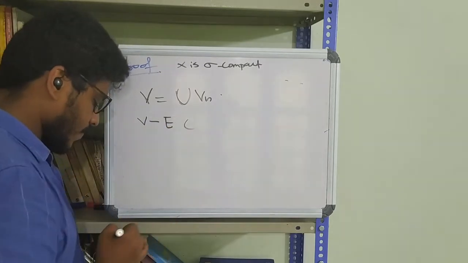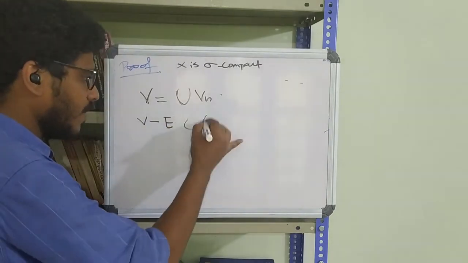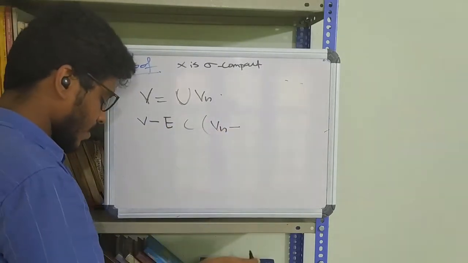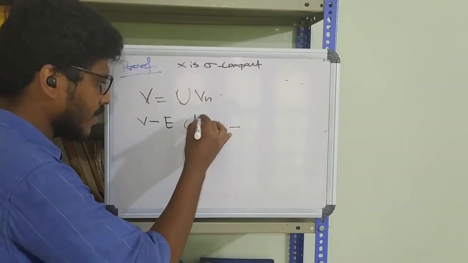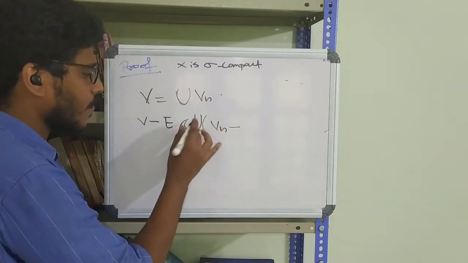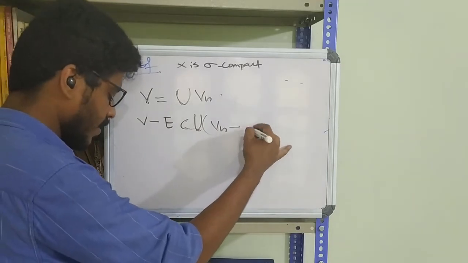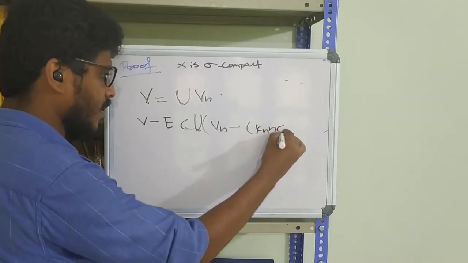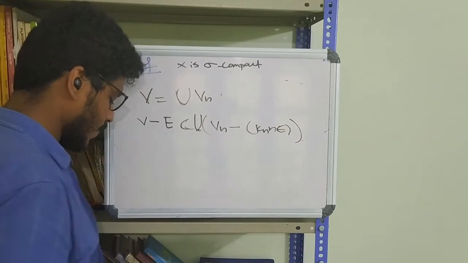So V minus E is a subset of the union of Vn minus Kn intersection E. You can visualize this.